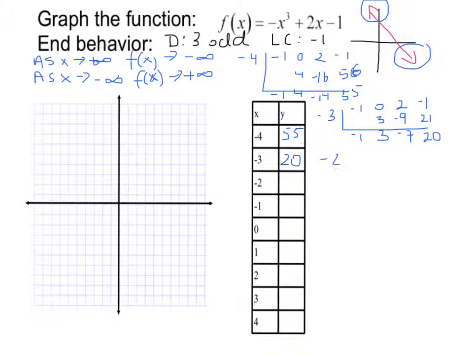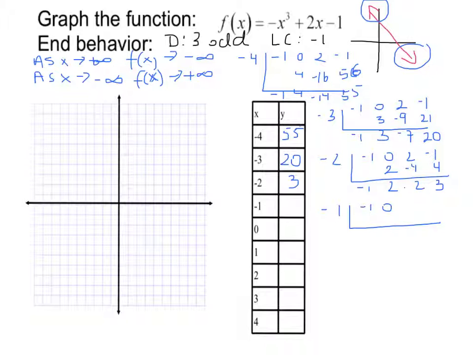And I do -2, with -1, 0, 2, -1, and my function value at the end is going to be 3. At -1, I have the same values in the top row, and I get -2 for the function value.